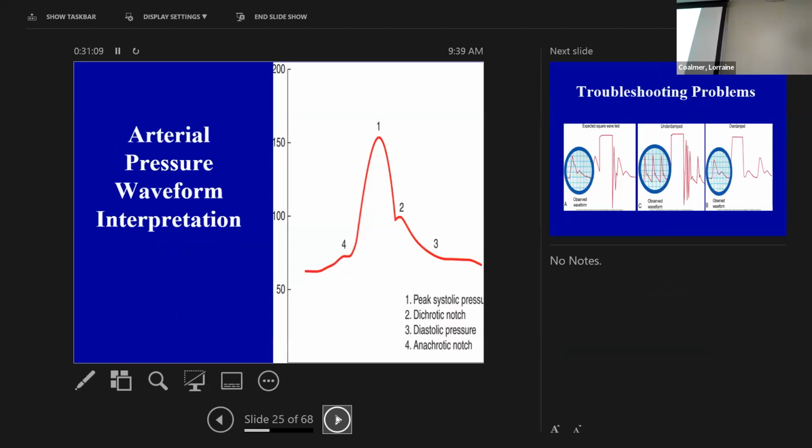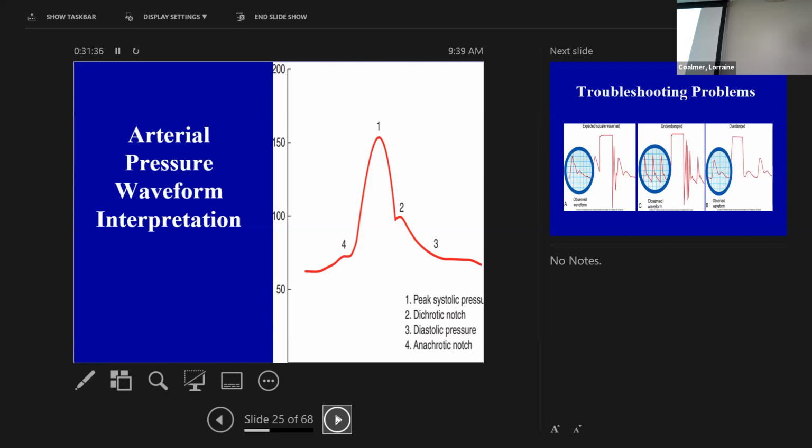That we can read the waveform. Now, let me repeat this. I am not going to put a diagram on the exam and say 1, 2, 3, and 4. But I'm going to talk to you about it so you guys know when you look at the monitor. This peak is going to be around 1, 2, 3, you see? And then you guys go down here. So maybe 60.